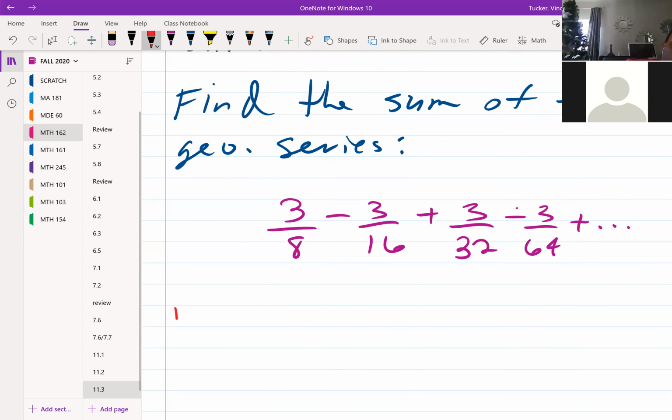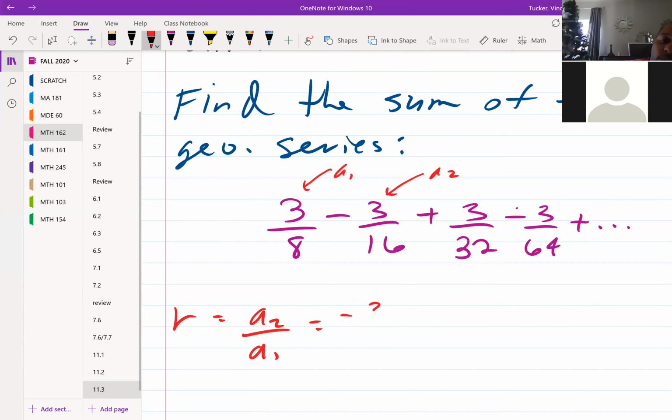Remember, the easiest way is just to take a sub 2 and divide it by a sub 1. This one is a1, this one is a2. So we're looking at negative 3/16 divided by 3/8.